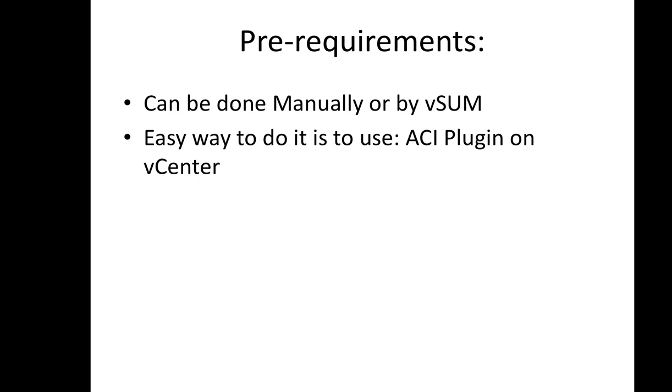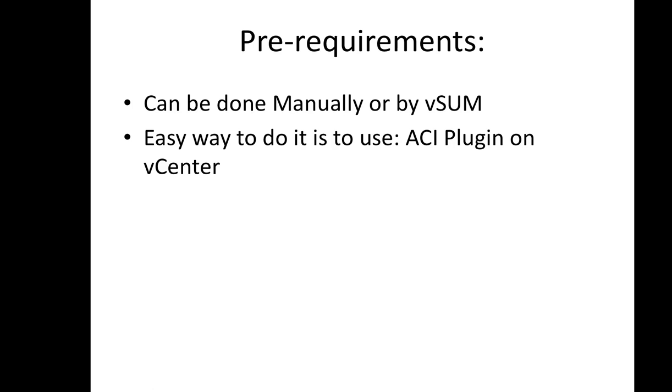The easy way to do this is to use the ACI plugin on vCenter. The ACI plugin is a plugin that you can download from CCO, and you then install it in a particular way, and you basically get an ACI icon in vCenter. And from there, you can configure a tenant in ACI or do other things with it.